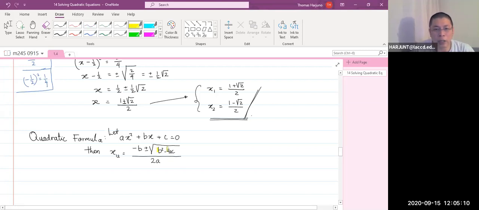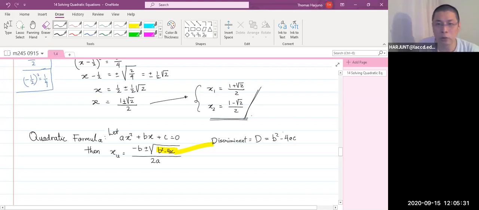The expression inside the square root, b squared minus 4ac, is also known as the discriminant, usually denoted by capital D.